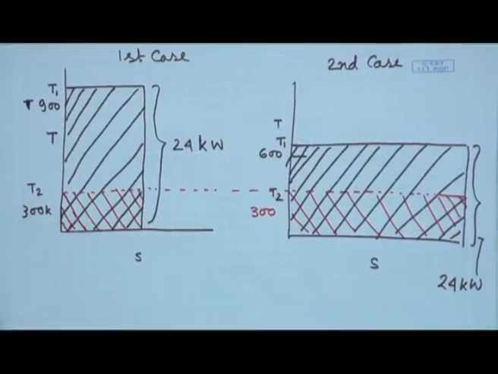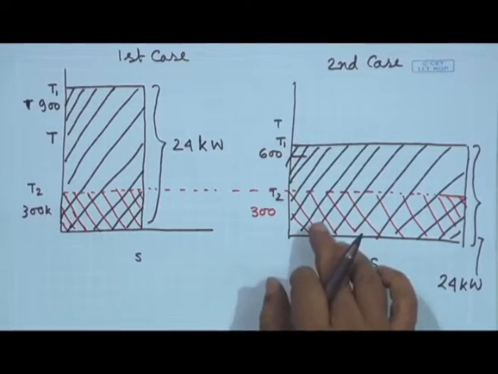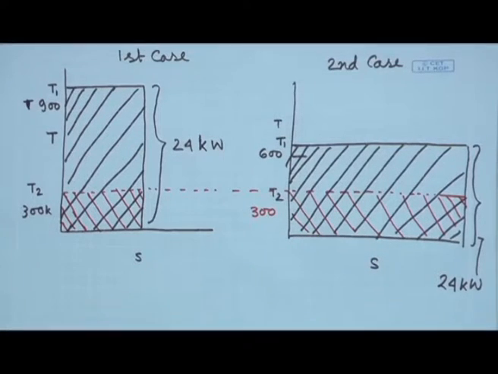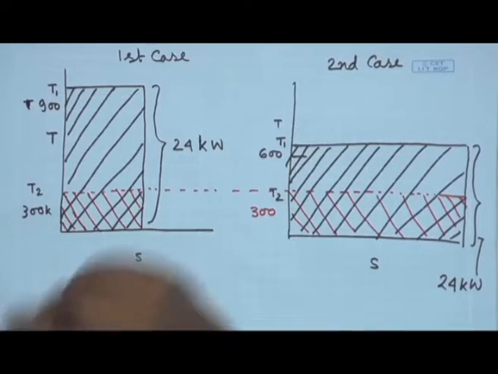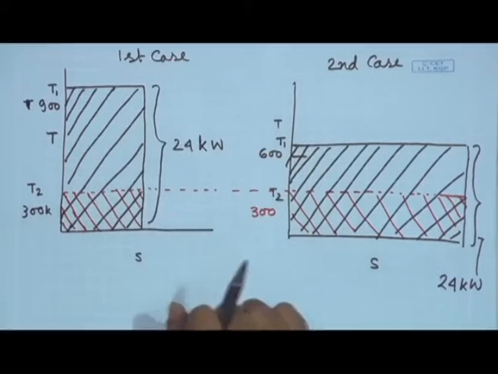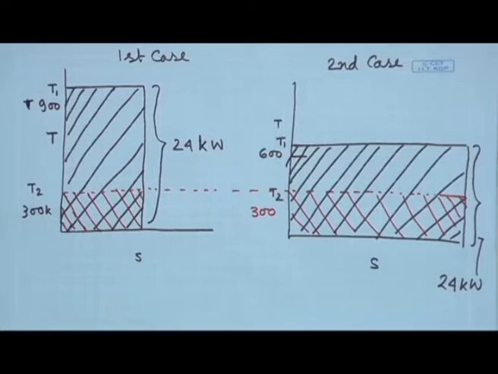but obviously, in the second case we can see we are rejecting much more heat to the atmosphere, to the ambient or environment. So, now you can understand what we have said about the quality of the waste heat source.